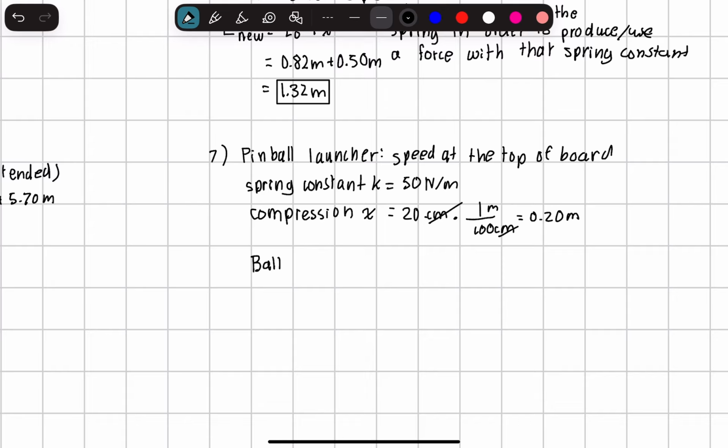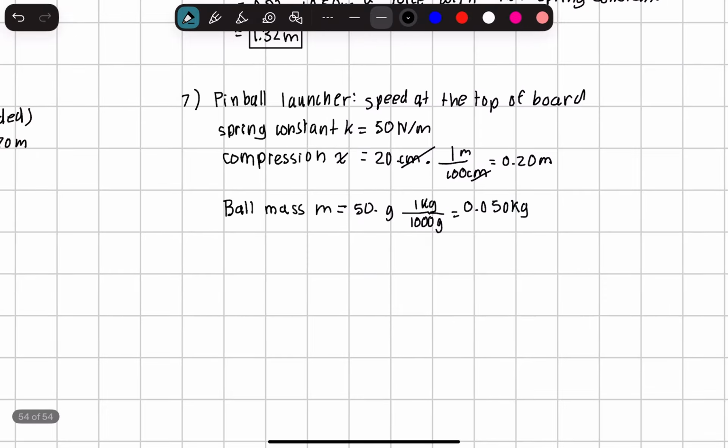Now, we also have the ball's mass, m, which was given as 50 grams. Converting grams to kilograms, you have 1 kilogram over 1,000 grams, and you get 0.050 kilograms. And we also have the height gain, h, which is 30 centimeters, and converting this as well, you get 0.30 meters.